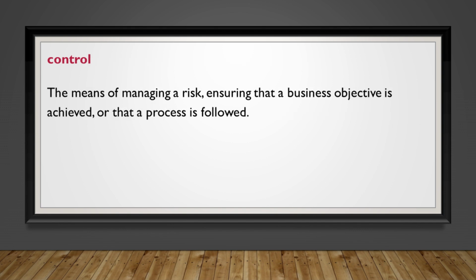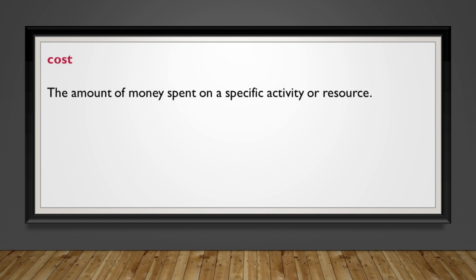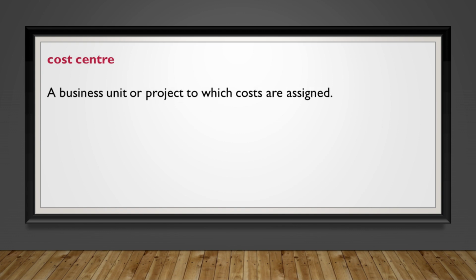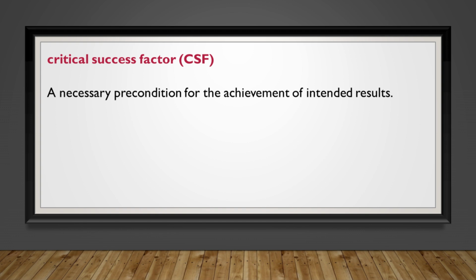Control. The means of managing a risk, ensuring that a business objective is achieved or that a process is followed. Cost. The amount of money spent on a specific activity or resource. Cost center. A business unit or project to which costs are assigned. Critical success factor, CSF. A necessary precondition for the achievement of intended results.